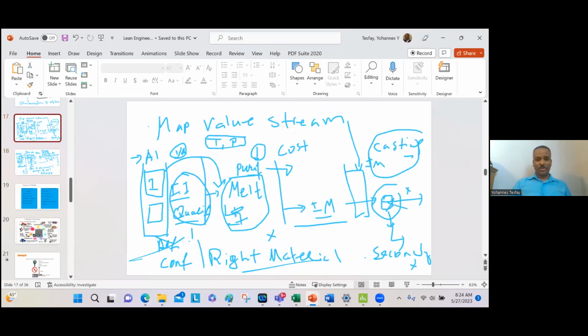That is the most important aspect of lean engineering: map value stream. So at each process, what is the value added operation that is going to take place?